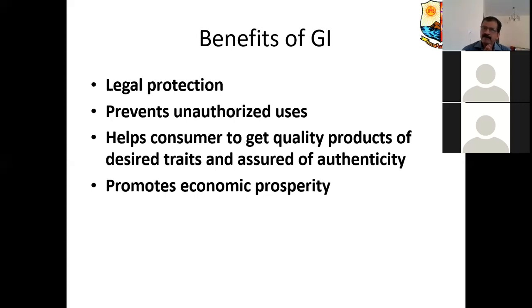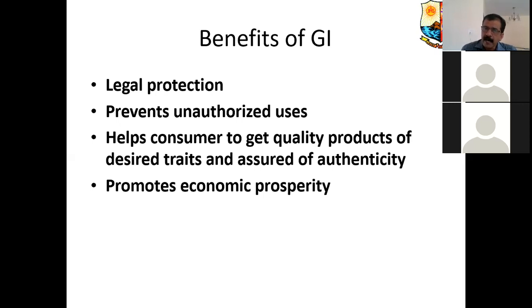Now, what are the benefits of geographical indications? Once a product is given GI, it is the legal protection for that product. Legally, no one else can produce it, or similar things cannot be sold in the name of that particular item.